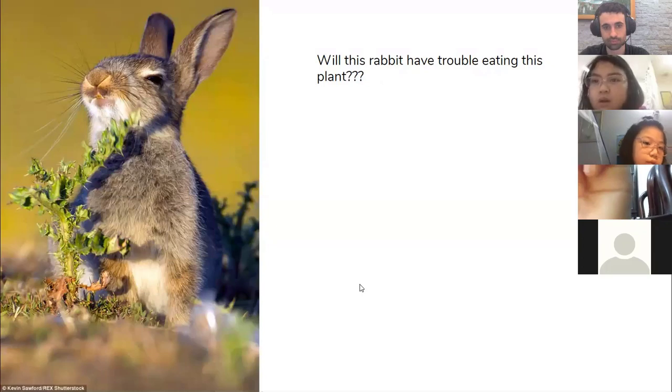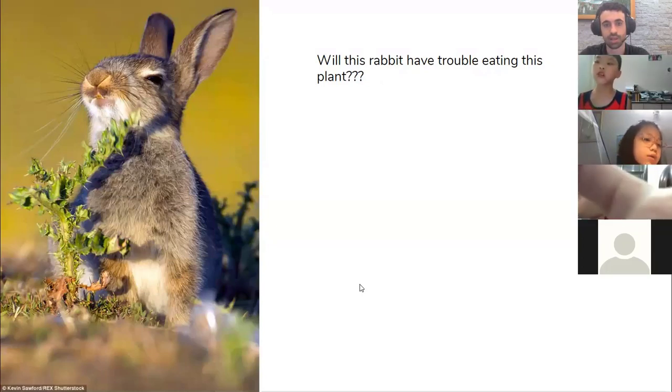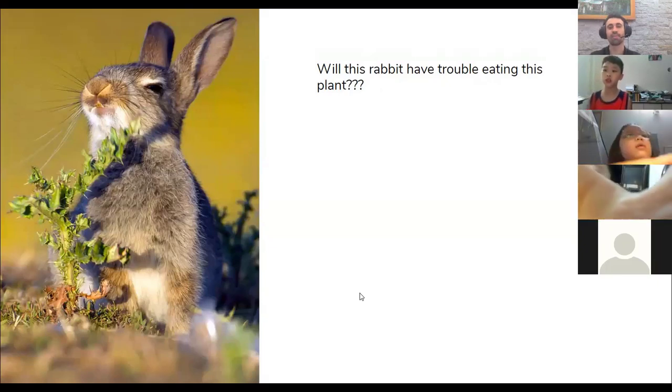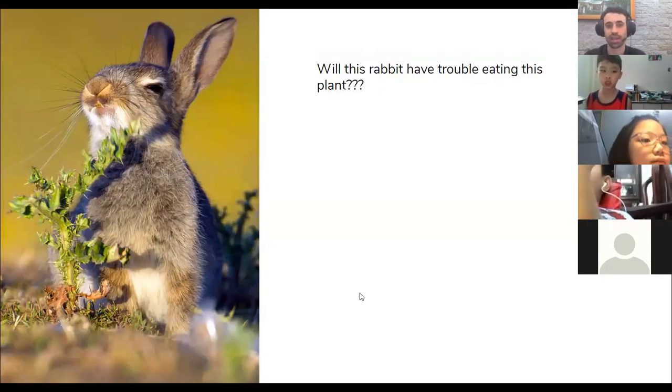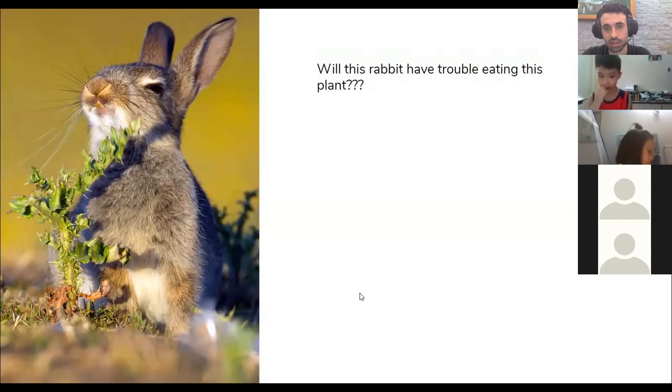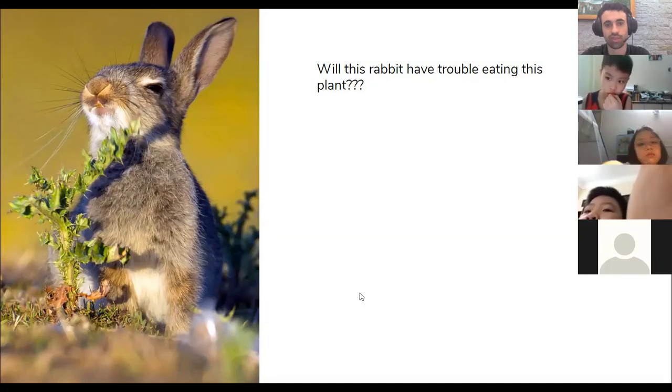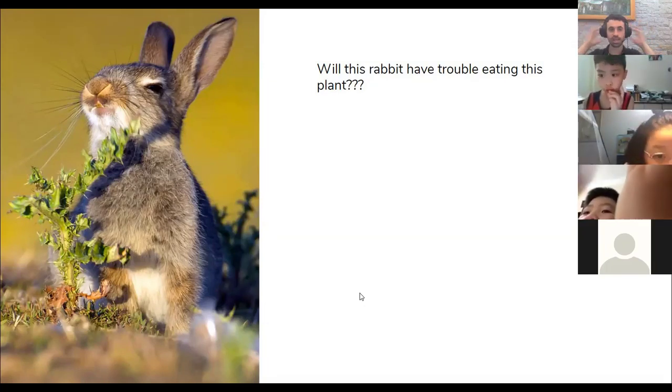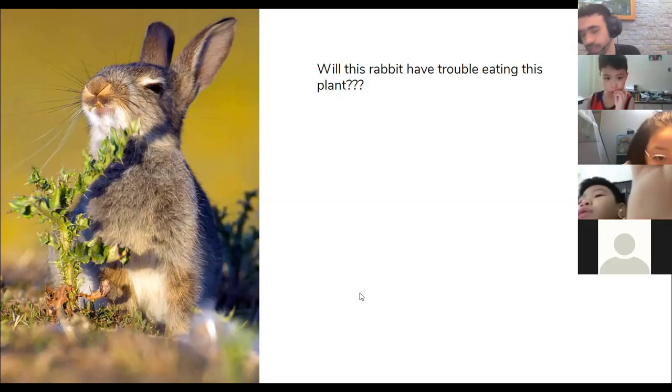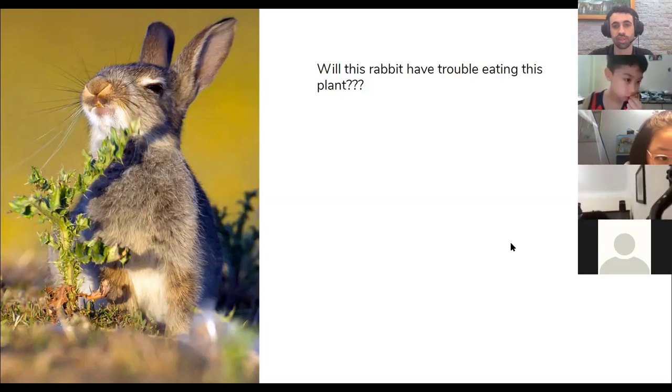No. Okay, so the rabbit will not have trouble eating this plant. Okay. Let's have Viet. What do you think is going to happen to this rabbit if it eats the plant? Do you think the rabbit's going to eat this plant?